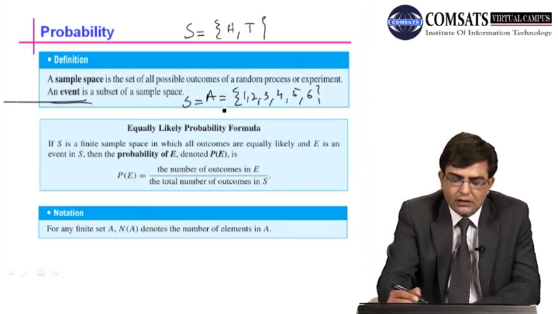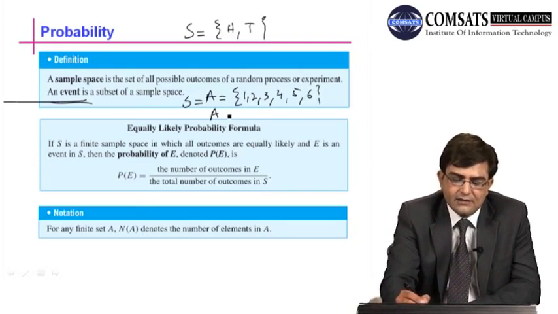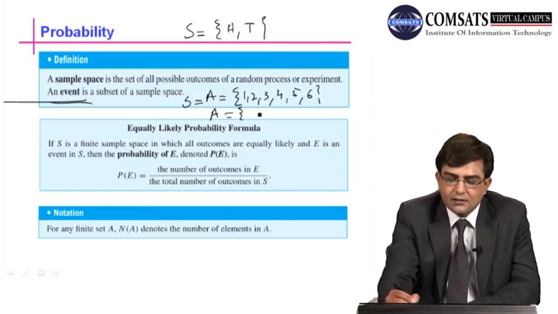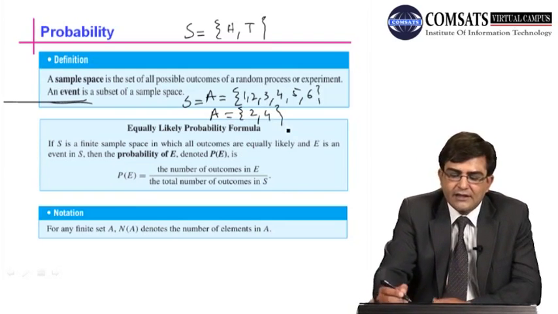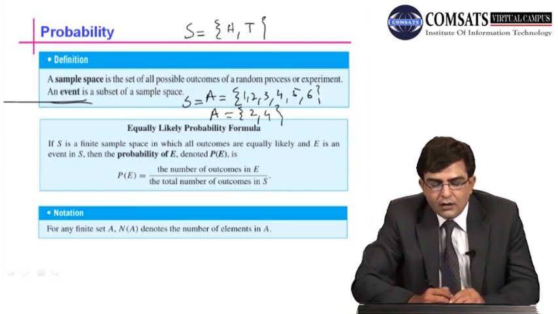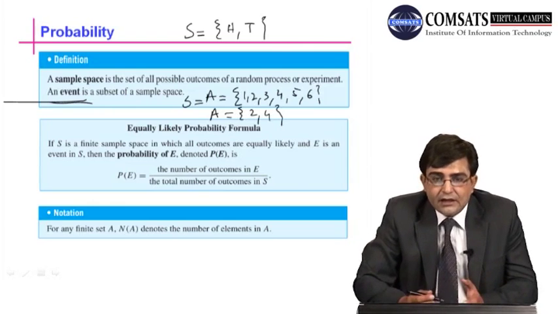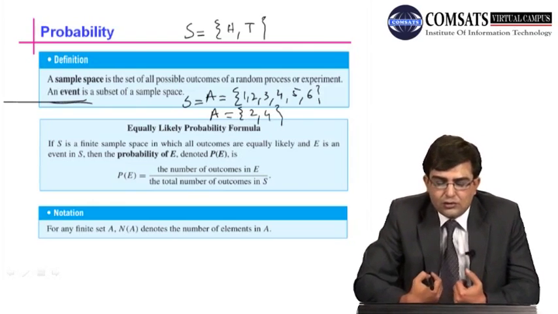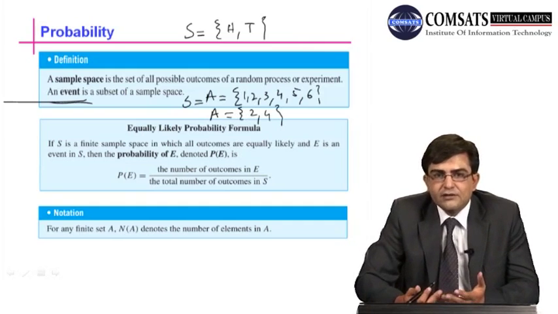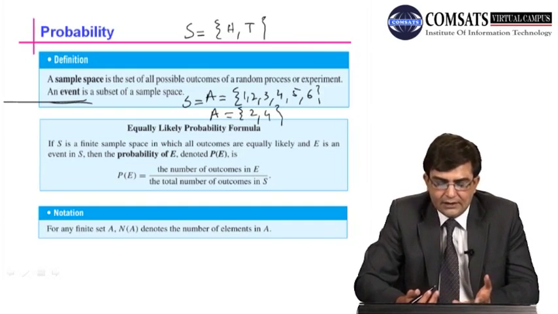It could be denoted by any capital letter A, B, C. So {2, 4} is basically an event. That is, when you throw a die 2 times, it appears 2 one time, and the other time it appears 4. So this is basically an event.